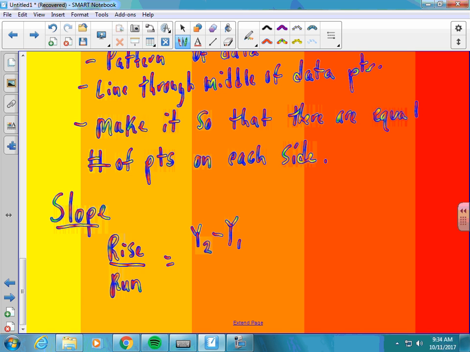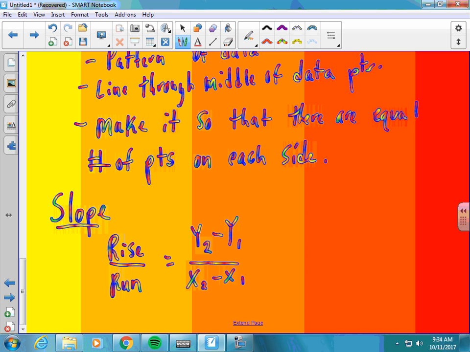So what's the difference between the two data points in terms of the y values? Take the second point's y value, subtract the first point's y value. And the run is the second point's x value minus the first point's x value.